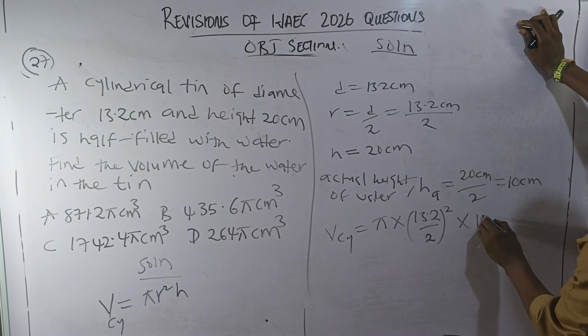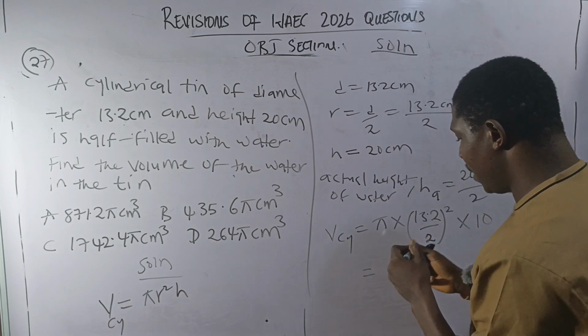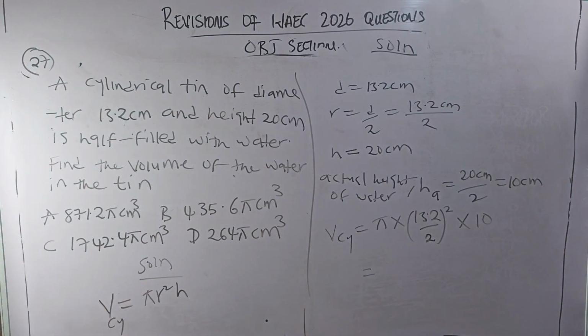What's my height? My height is 10. So I'll simply have it as, or just solve it directly, 13.2 divided by 2 squared gives me this, times 10. So I have 435.6.